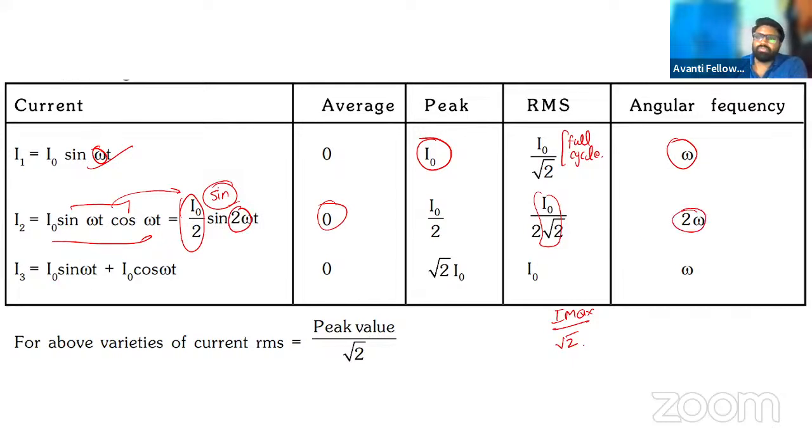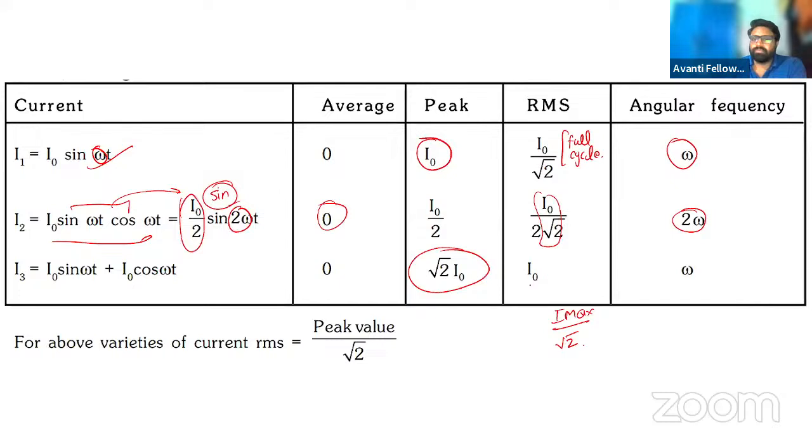Then I3 is equal to I naught sin omega t plus I naught cos omega t. What we will do is apply the formula here. We will take I naught as common, and then we will apply the formula. When you do so, you will find that the peak value of the alternating current comes out to be root 2 I naught.